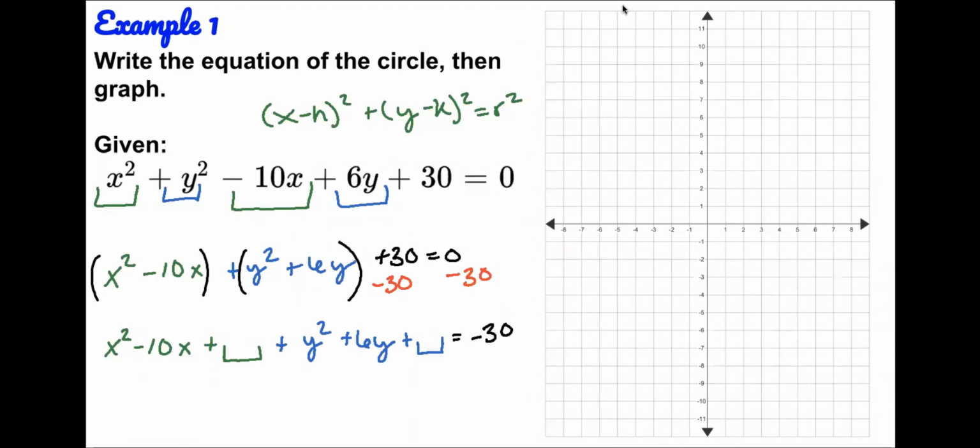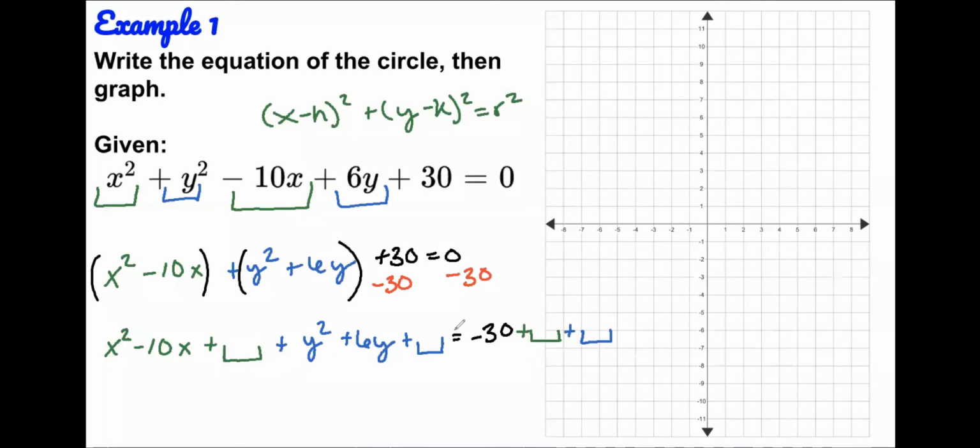Now I'm going to do something else here. Remember that we did completing the square here, plus that open space here, plus that open space here. Why do we have two open spaces? Because we're going to add half b squared on both sides of the equation for both groups, the terms with my x variable and the terms with my y variable.